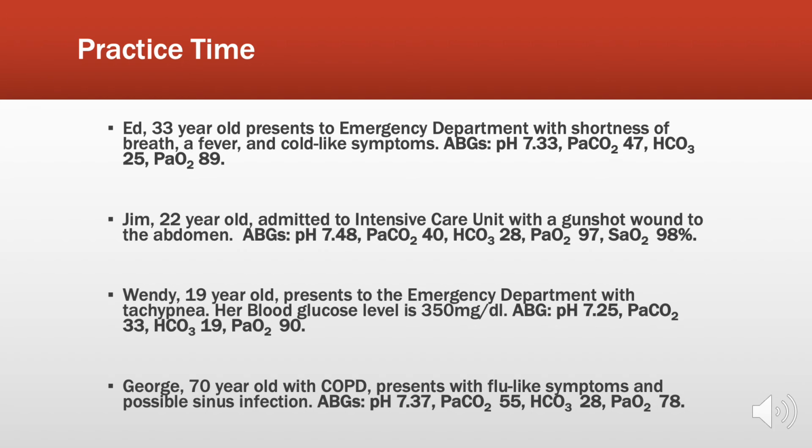And this makes sense because we've got a guy who's got respiratory distress, flu-like symptoms, and so it really does fit the picture. George is in respiratory acidosis, but instead of just calling it respiratory acidosis, because the pH has normalized, we would say it is compensated respiratory acidosis.